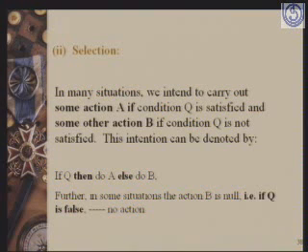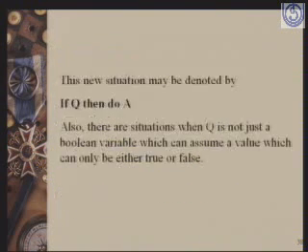So here is a selection instruction, which is generally written in the form: if Q is a condition which may be either true or false, then if the condition is true, you will take action A, and if the condition is false, you will take action B.